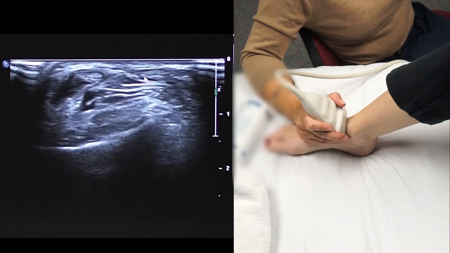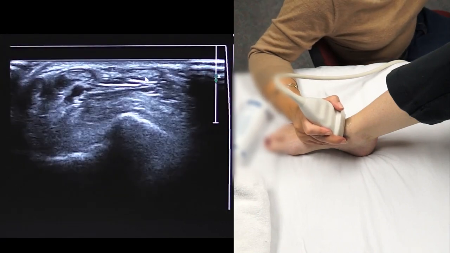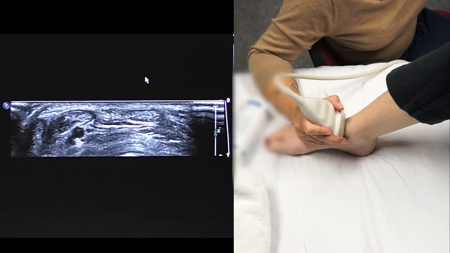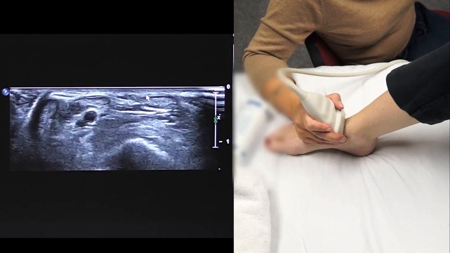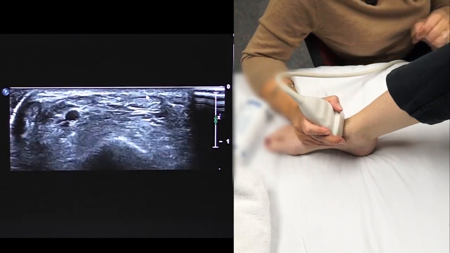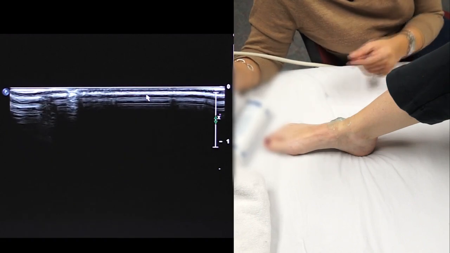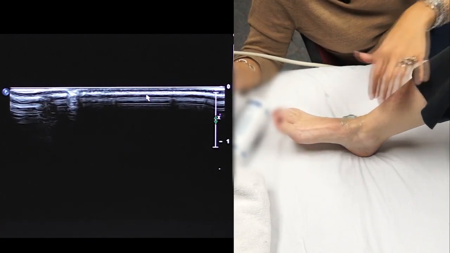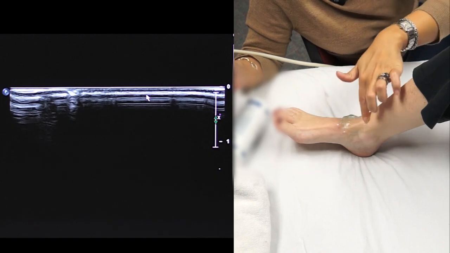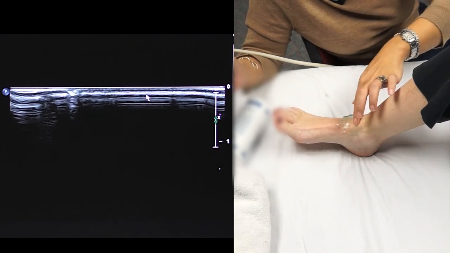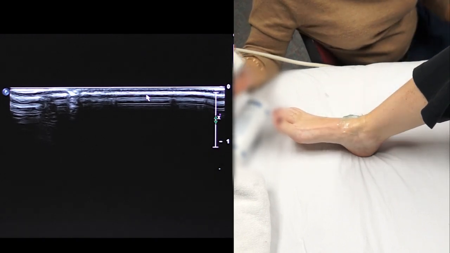Okay, so starting out with the anterior tibialis, let me adjust my depth here. Okay, and this is the most medial structure. Now, if you have trouble finding this, you can always have the patient lift or dorsiflex their foot, and you can actually see the anterior tibialis tendon lifted. You can actually feel it here in the anterior medial ankle.